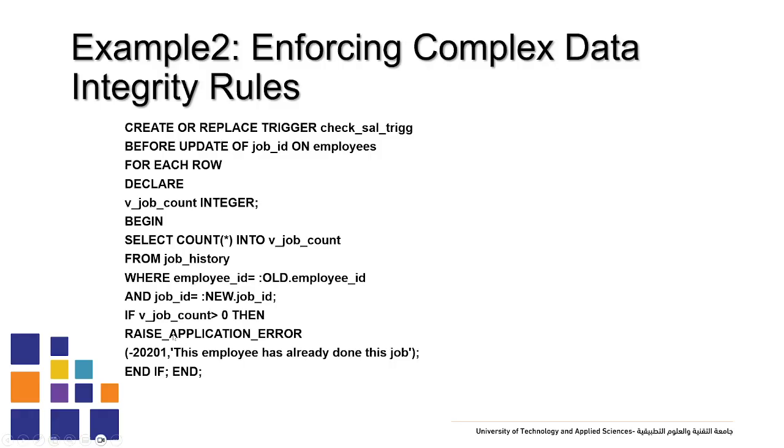So if the count is greater than 0, most likely, it means that it's already been assigned, in other words, the employee has already held this job at some point in the past. So that's why this logic here is going to be executing that part.